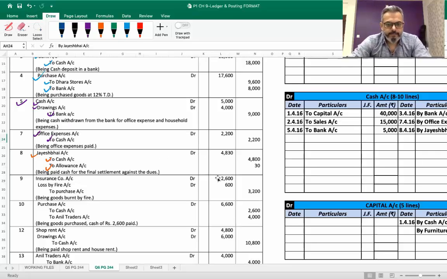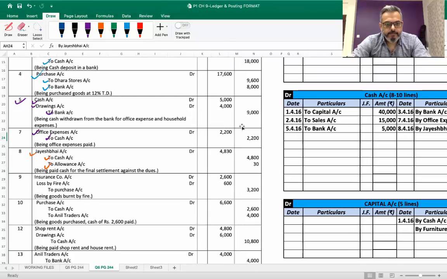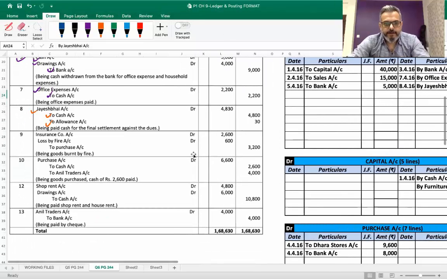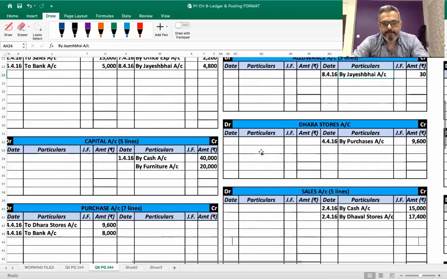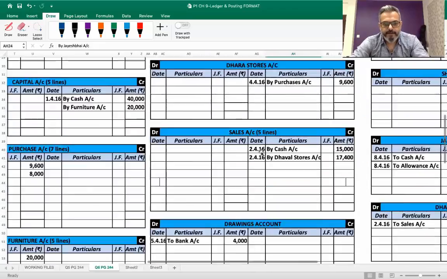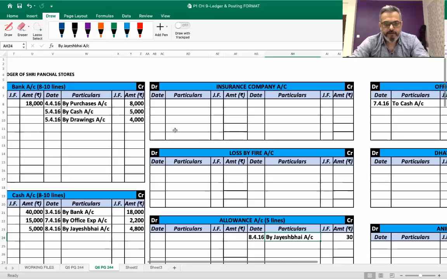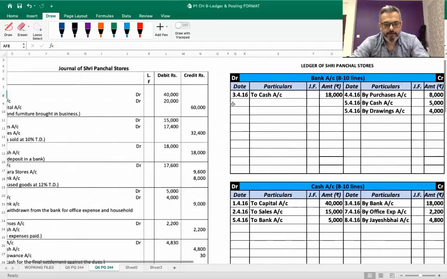Ninth one. Insurance company account debit 2,600. Loss by fire account debit 600. To purchase account 3,200. So 9, insurance company account debit 2,600. So let's locate insurance company account.